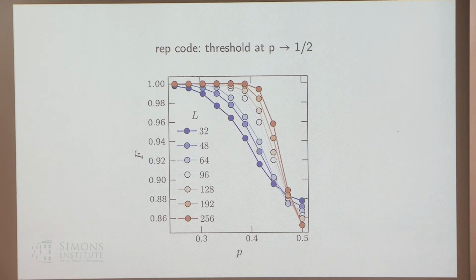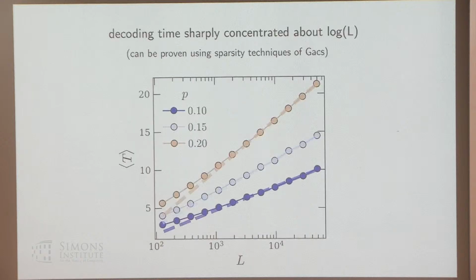It's also interesting to study this decoding problem for the repetition code in 1 dimension. Imagine all the anions just live in 1 dimension. When you do this in 1 dimension, you find there's a threshold for this decoding problem that looks like it's going to 1/2, when you just move towards the anion which is nearest to you. And the decoding time indeed goes as log L. You can see this in numerics.